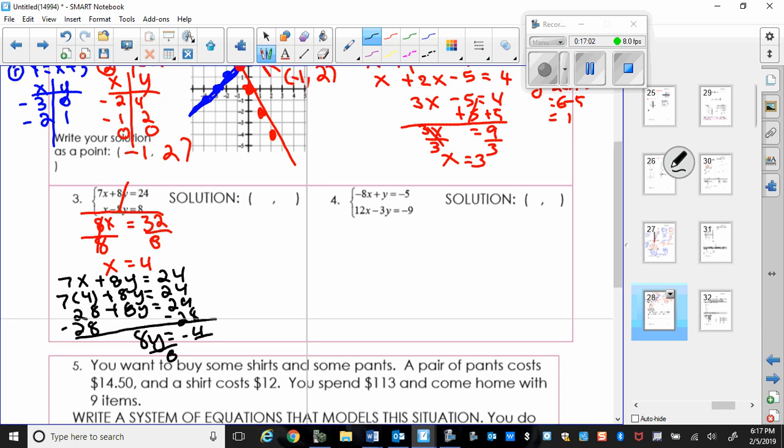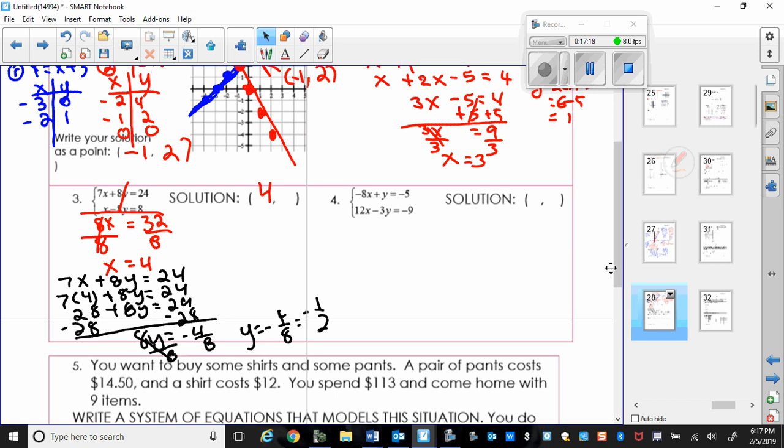Divide both sides by 8, and y equals negative 4 over 8. If I simplify, that's negative 1/2. Now, how do I write my solution? Your x value always comes first, so 4, comma, negative 1/2. That's my x and y.